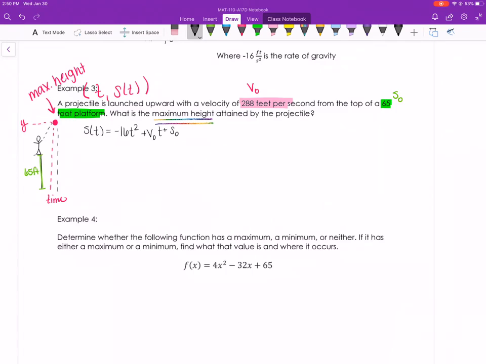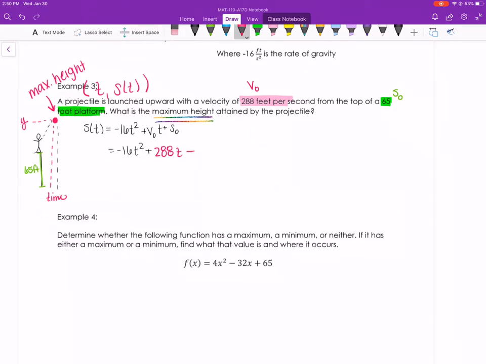So I'm going to find my formula and then do the vertex. So I have negative 16 t squared plus V0, which is the 288, plus S0, the starting height, which is 65.